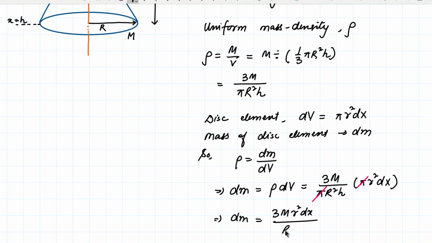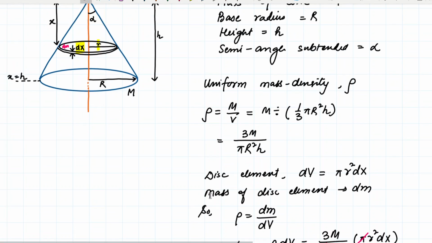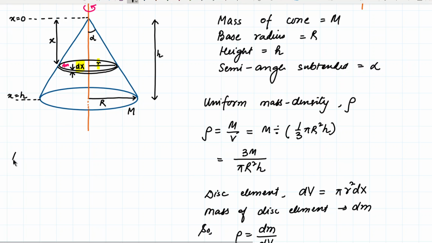Now here r is also there and x is also there, so we can't have two separate unknown variables; we need to find a relationship between them. From the above geometry we can say tan alpha is equal to r upon x.